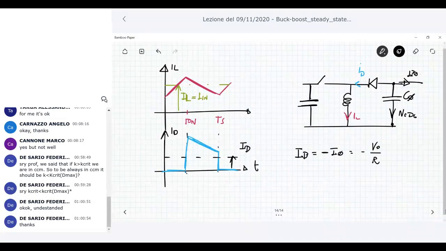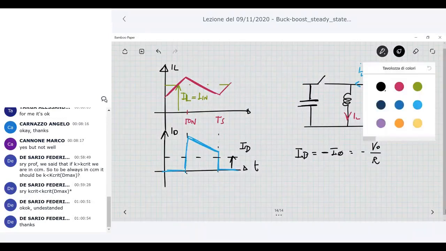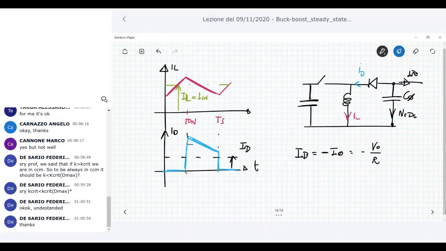The root mean square current of the diode can be computed by using the classical flat top approximation. So I can approximate the ID current by using a flat top, considering here a value which is the average value between I minimum and I maximum, the mid value, which is IL, the average value of IL.